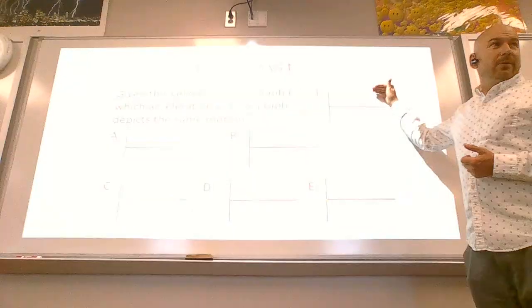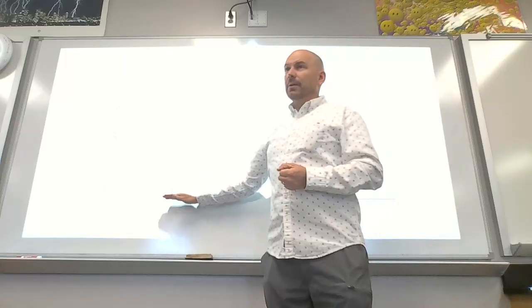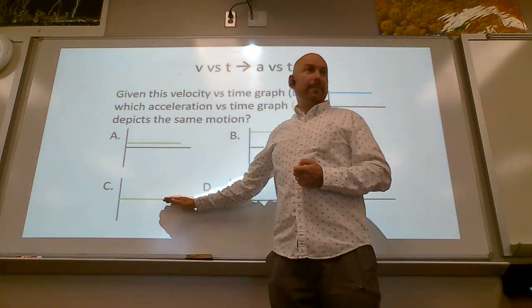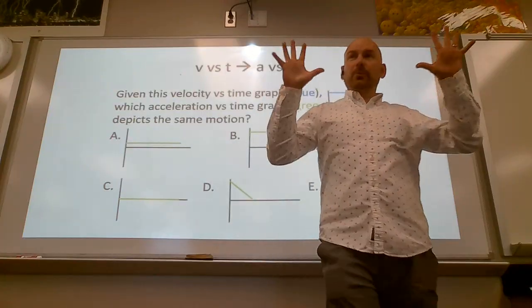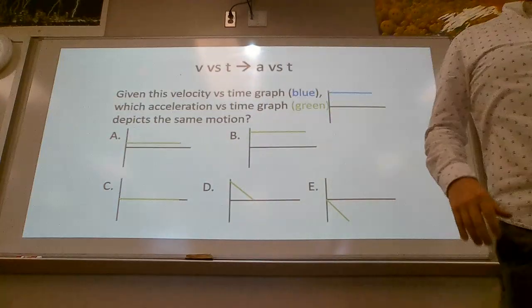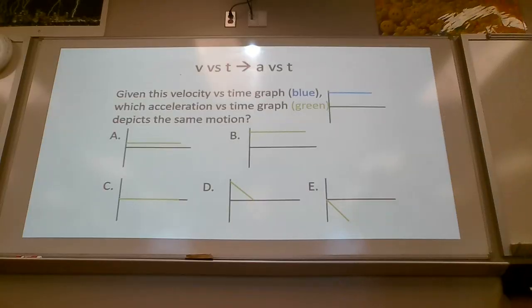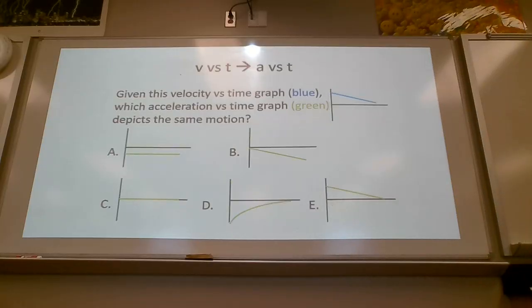Zero. The slope of this line is the value of acceleration. Good with that? Okay, you need to be able to do both conceptual and math graph type stuff. Okay?